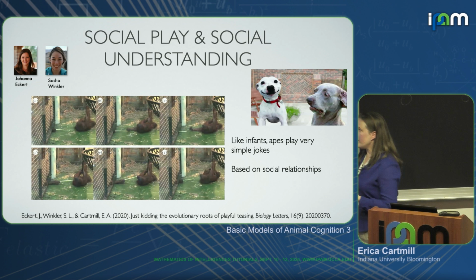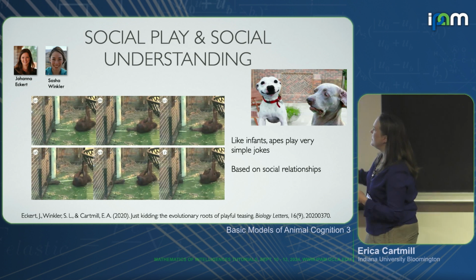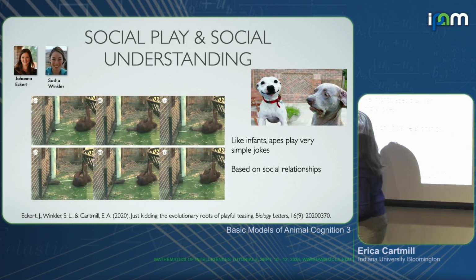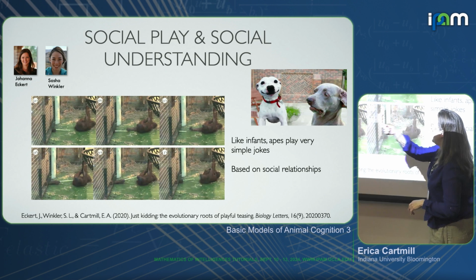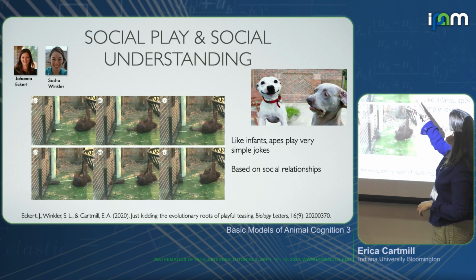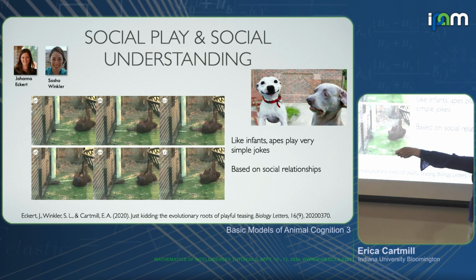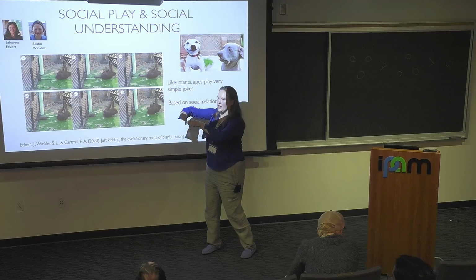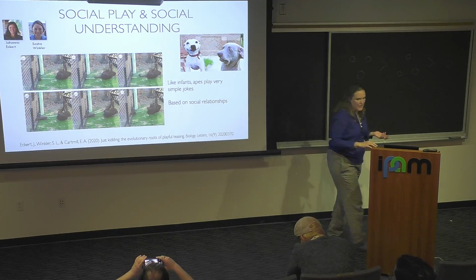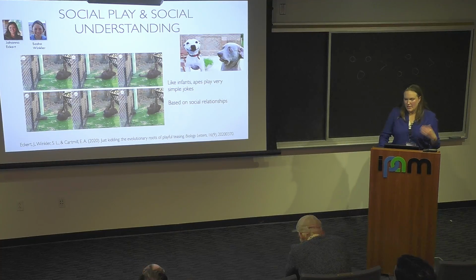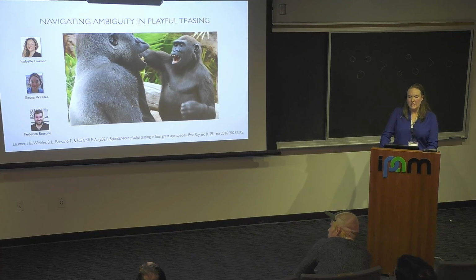And so we've looked at this in great apes. This is just orangutans here. One is extending and pulling back a piece of bamboo to the other one, waving it around, and as she reaches for it, pulls it back at the last second. You can see apes playing games like this at zoos. They play these very simple kinds of jokes.